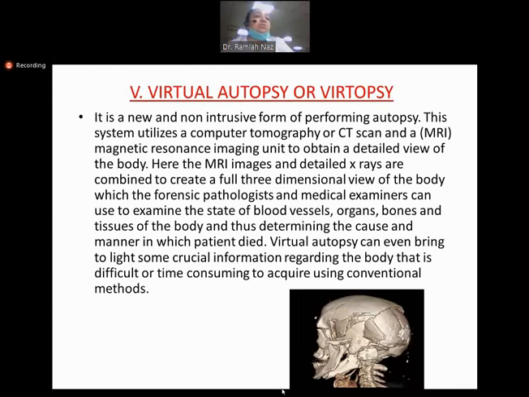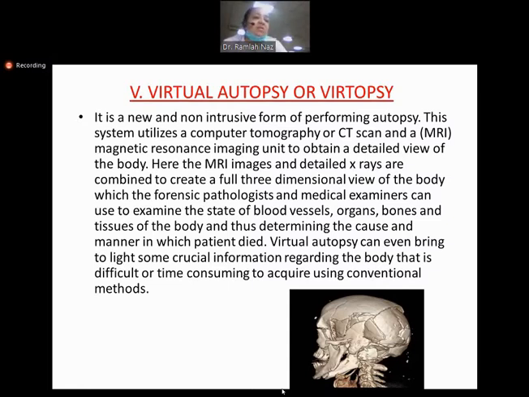Now, what is the virtual autopsy or virtopsy? It is the advancement in the field of forensic medicine that we call virtual autopsy. It's a new and non-invasive technique of performing the autopsy. This system basically utilizes computed tomography, or CT scan, or MRI, magnetic resonance imaging, to obtain a detailed view of the body.